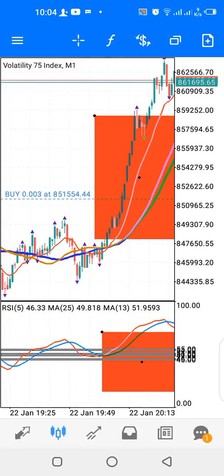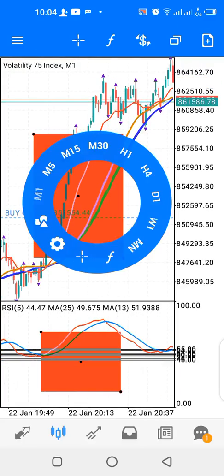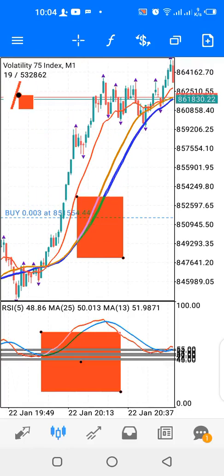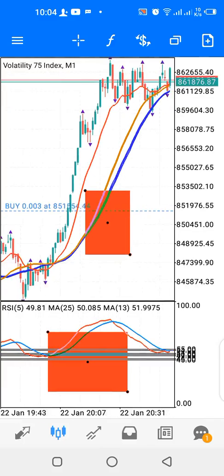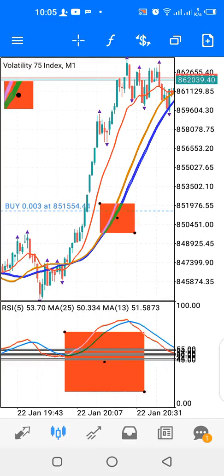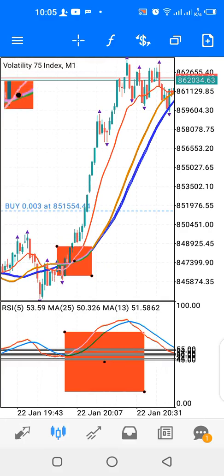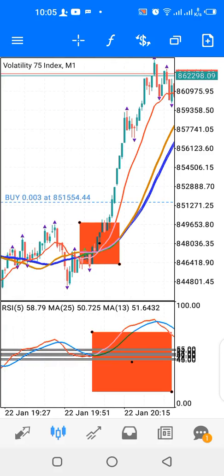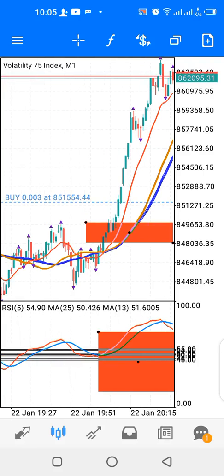For this strategy, that's my main chart. The way the strategy works is when the 13 period moving average crosses above the two Bollinger Bands, the orange and the blue Bollinger Bands, like this, that's a buy signal.